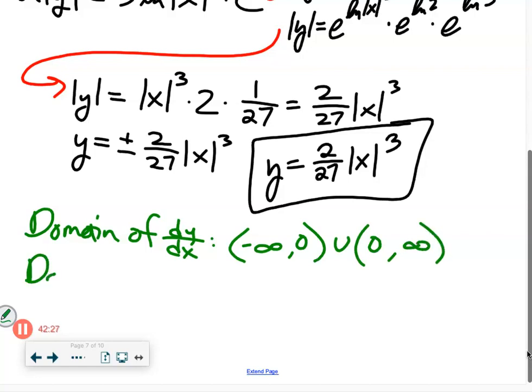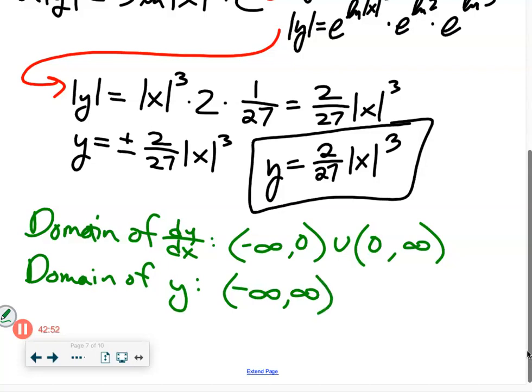The domain of y. Now this one depends on how you wrote your y, but you're okay either way. This has a domain of all reals, right? If you left it unsimplified, it'd be all reals except 0 because you can't have natural log of 0. So the domain of my y is all reals.